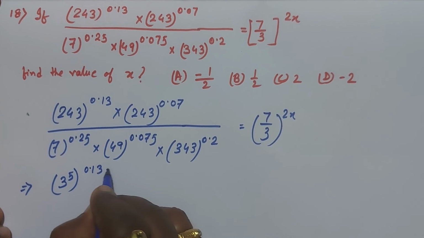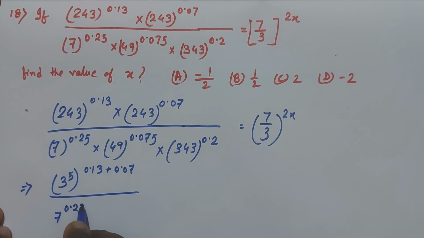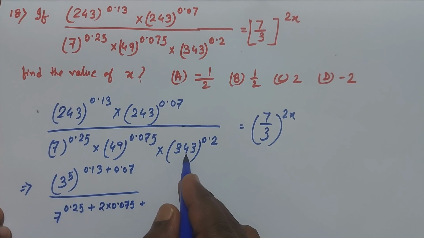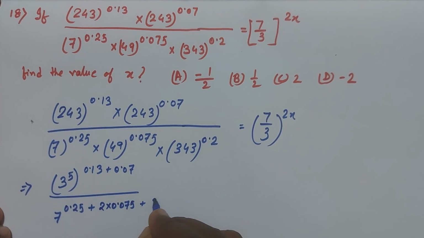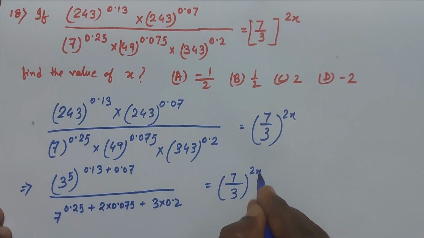So 0.13 plus 0.07, divided by 7 to the power 0.25 plus 2 into 0.075 plus, this is 7 cube, so 3 into 0.2, this equals (7/3) to the power 2x.